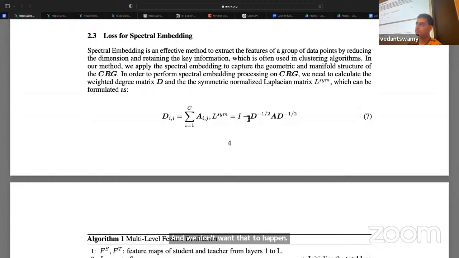Because D represents the total weight of the edges connecting a node, right? Right. That is called the unnormalized Laplacian matrix, and we don't want to use that. So we instead use the symmetric Laplacian matrix.